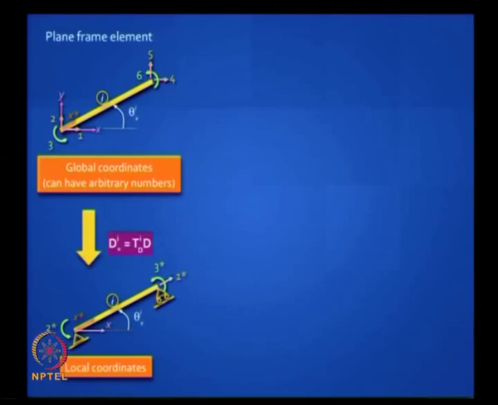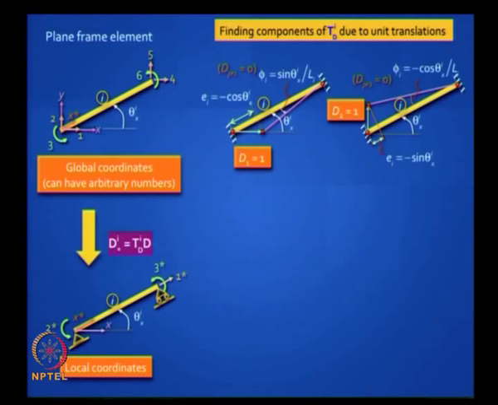So you are familiar with these two. If you put them together, then you get what you need to do for a plane frame element with 3 degrees of freedom. You can easily work this out from first principles. What you need to recognize is, if you have any of those translations, you have to find out what is the elongation you get in the element.